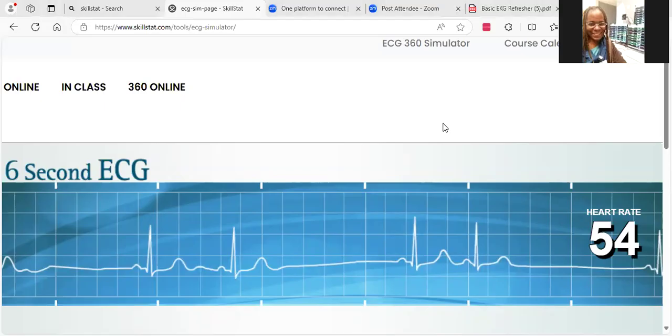This rhythm has P waves, but it does look like the rhythm is inconsistent. Looking at this EKG, we've talked about the large boxes representing time. We know these large boxes represent 0.20 seconds.